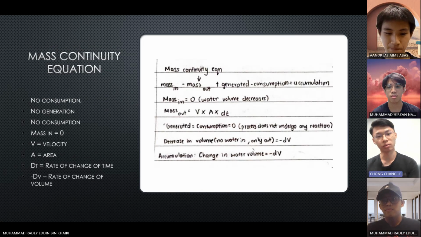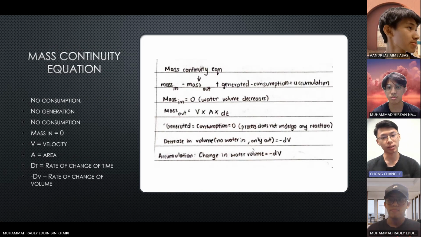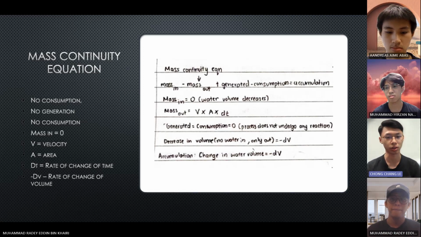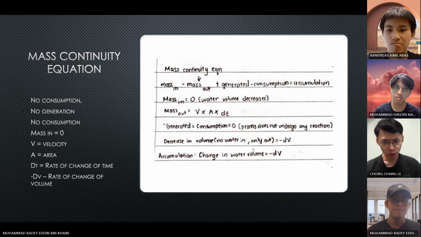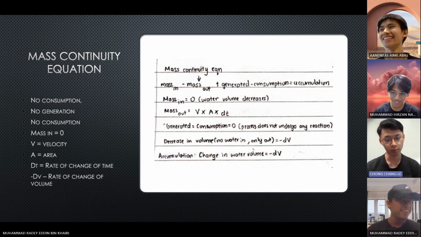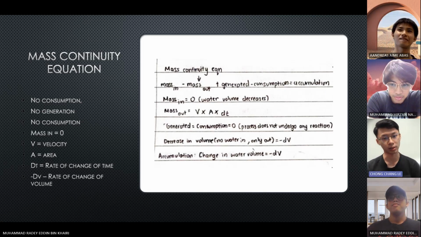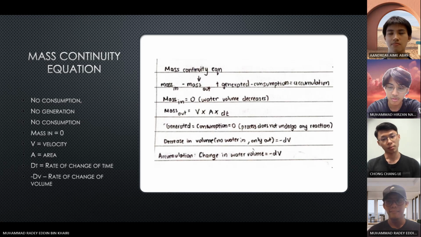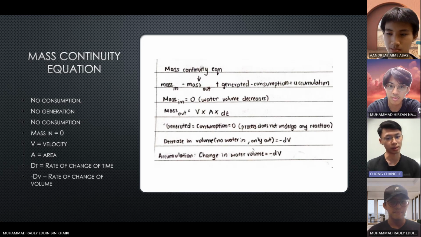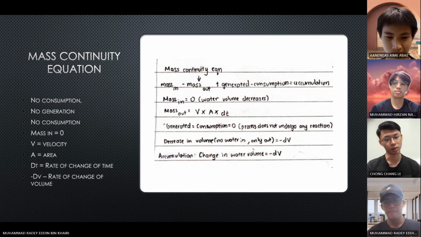Now moving on to the mass continuity equation, it is stated that mass in minus mass out plus generation minus consumption is equal to accumulation. From the diagram, mass in is equal to 0 because there is no active water input. Mass out is derived as velocity multiplied by area multiplied by the rate of change of time, which is dt.